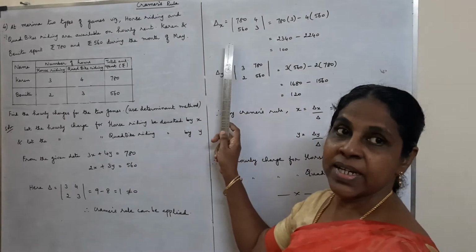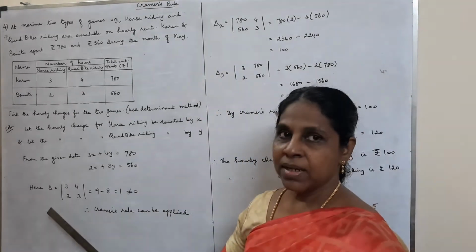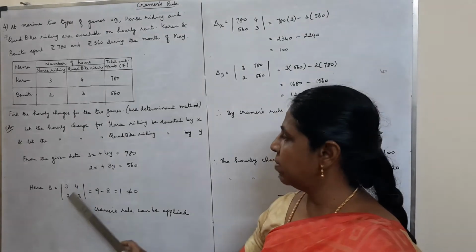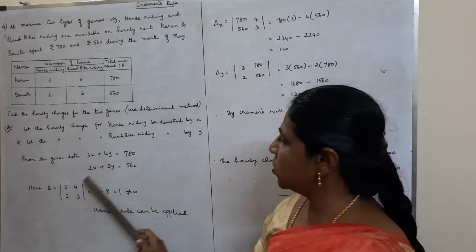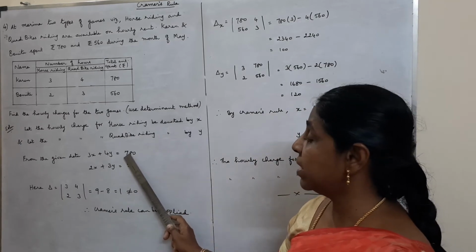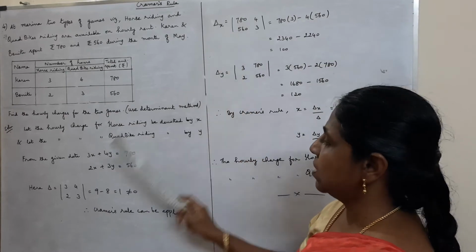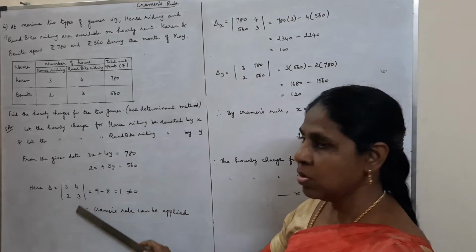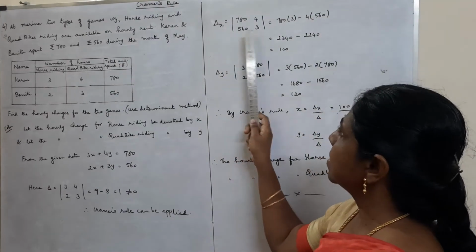Next we have to find delta x. So what is delta x? In delta, replace column 1 by the constants. So column 1, which is 3 and 2, is replaced with 780 and 560. So 780, 560 in column 1. And then column 2 of delta will be as it is for delta x. So delta x is written.